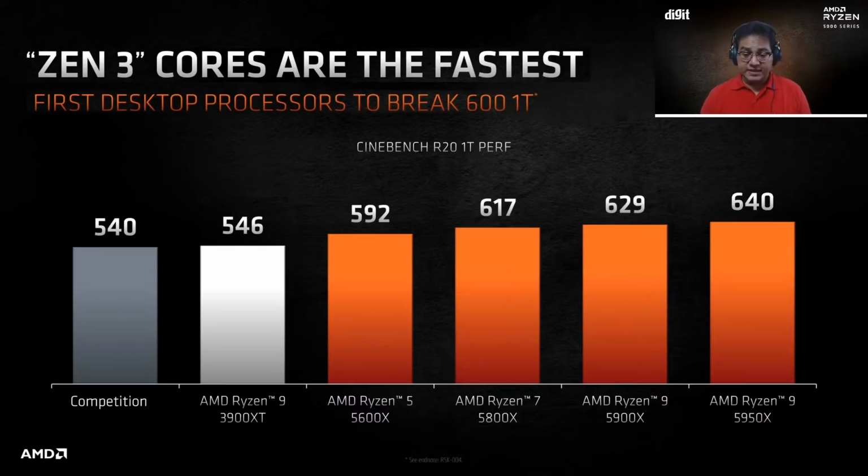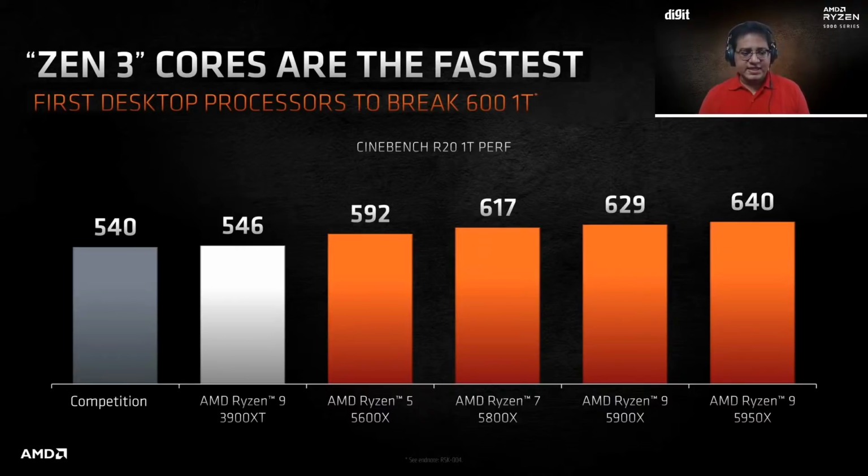Ryzen 9 5950X is in the lead with 640 points, followed by 629 points for the 5900X, 617 points for the 5800X, and the 5600X is a few points shy of hitting 600. But the majority of the processors that you've seen in the first launch cycle of the 5000 series have broken the 600 point barrier.